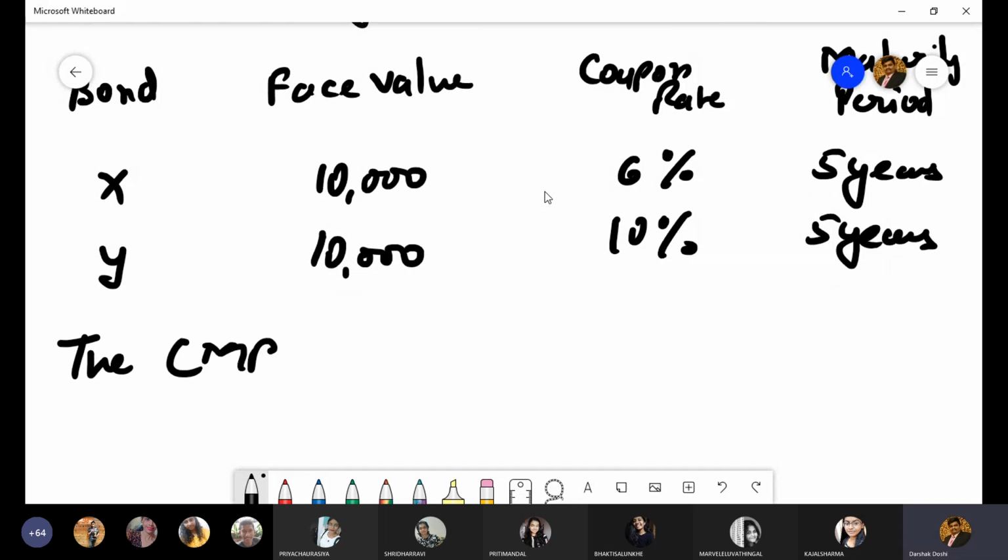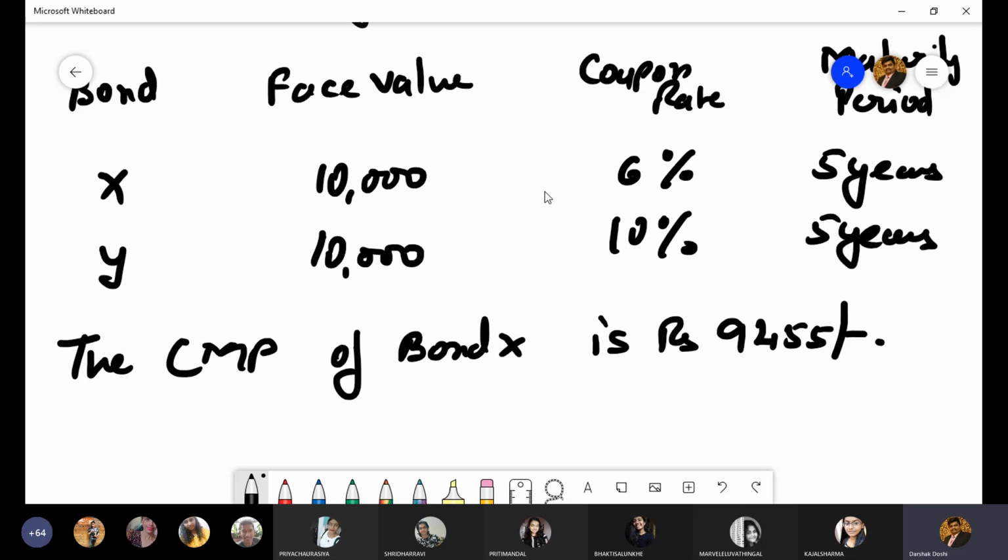The current market price of bond X is rupees 9455.